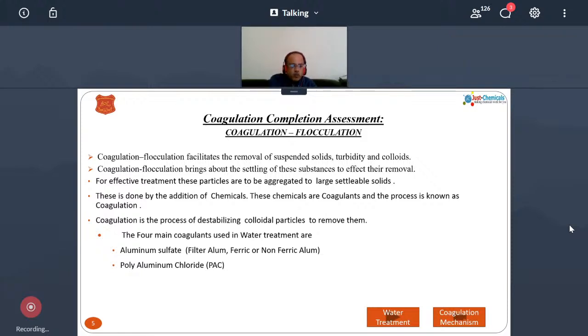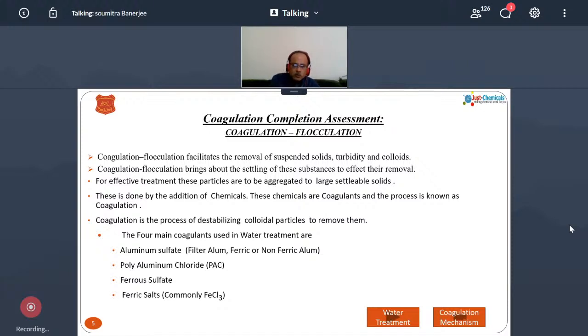Then polyaluminum chloride, an advancement of about 20 years, which works well and does not reduce the pH as much as alum does. Ferrous sulfate is another one which we use wherever membrane processes are in the downstream equipment. And ferric salts are also used where membranes are in downstream equipment.